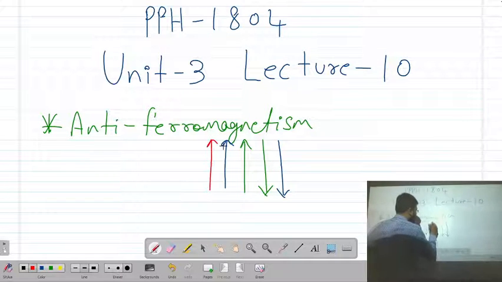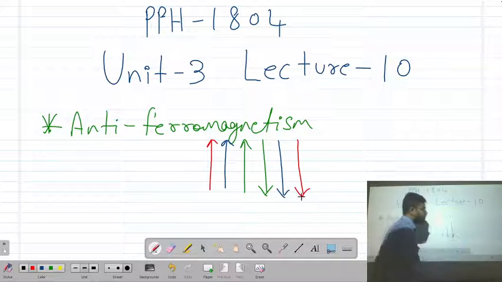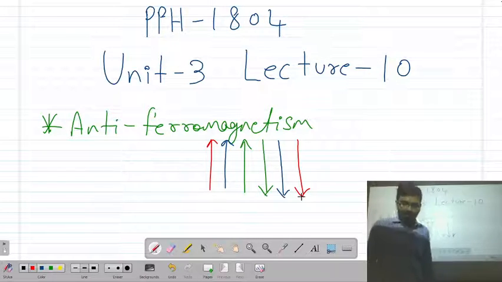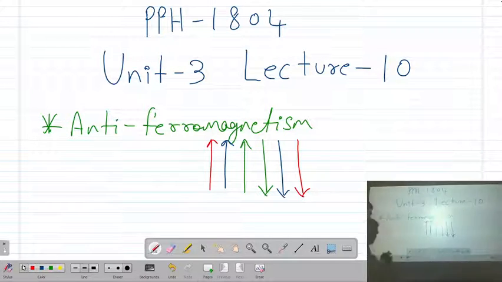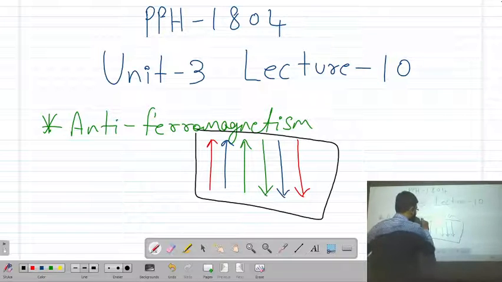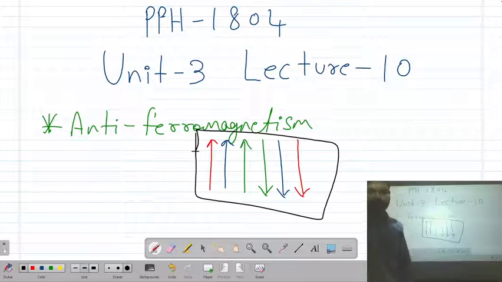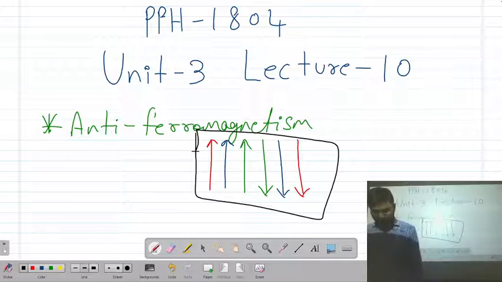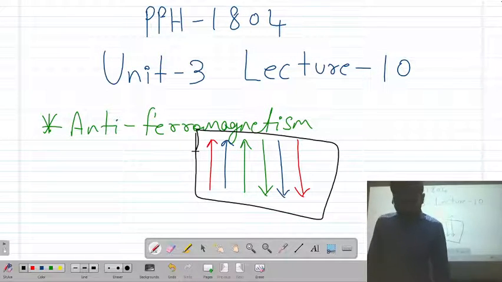Similarly, if another one is upward, the next will be downward. So the net magnetic moment will be zero. If this kind of arrangement is there in a material, then it is an antiferromagnetic material, right?